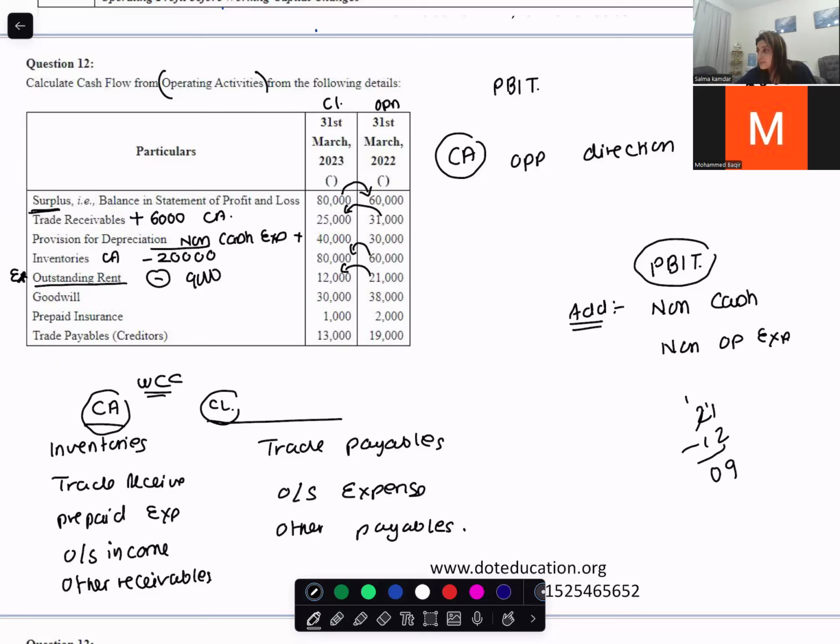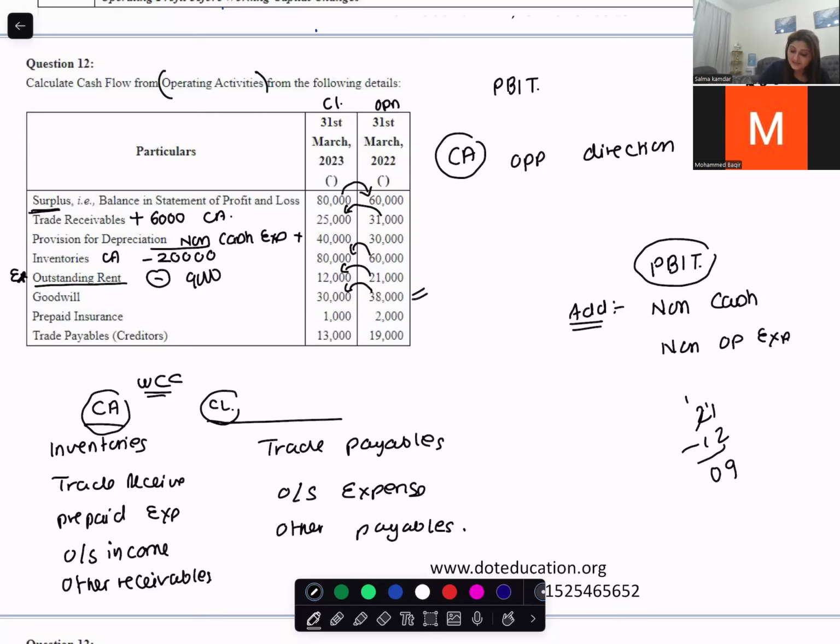How about goodwill? That is a current asset, right? No, goodwill is an asset, not a liability. Is goodwill increasing or decreasing? Decreasing.